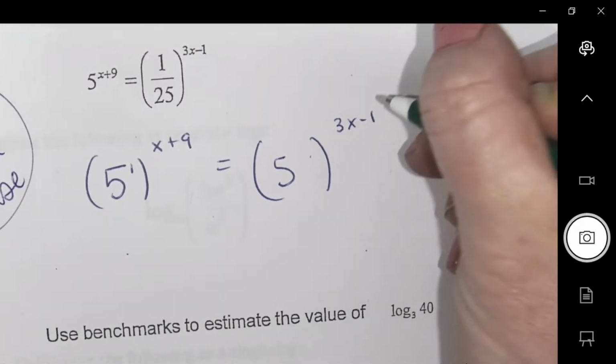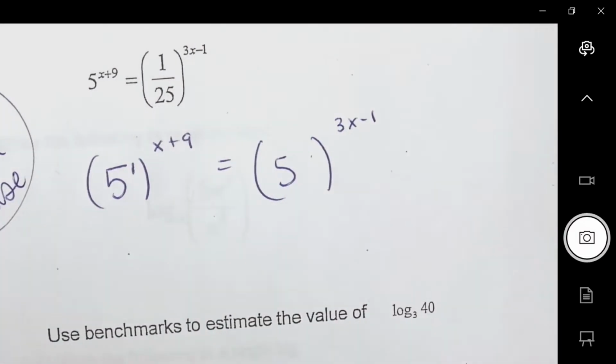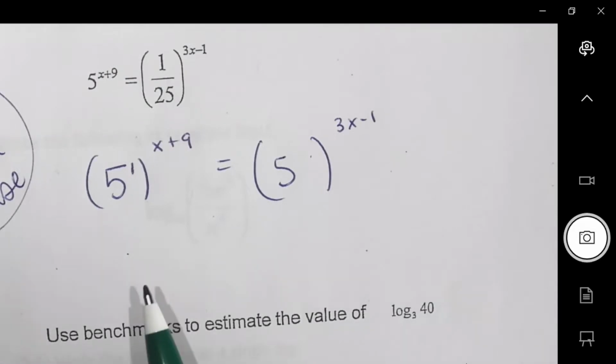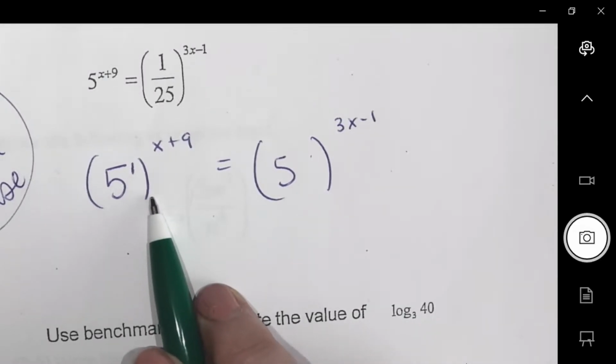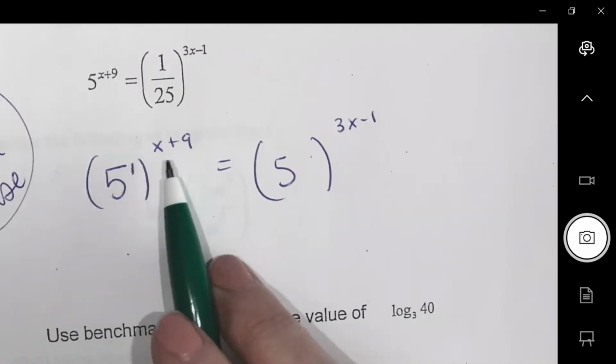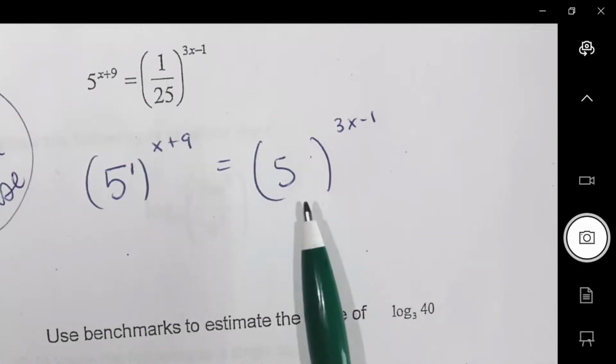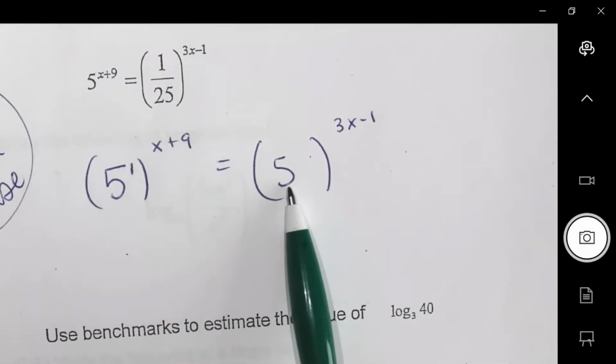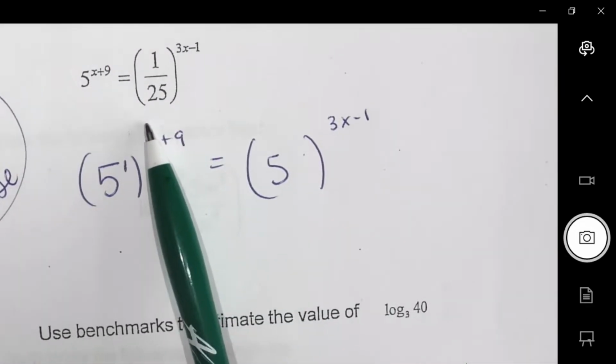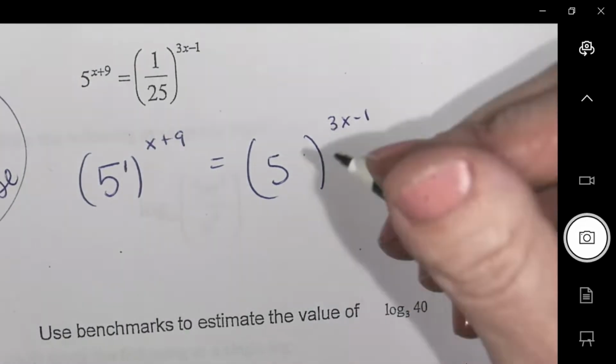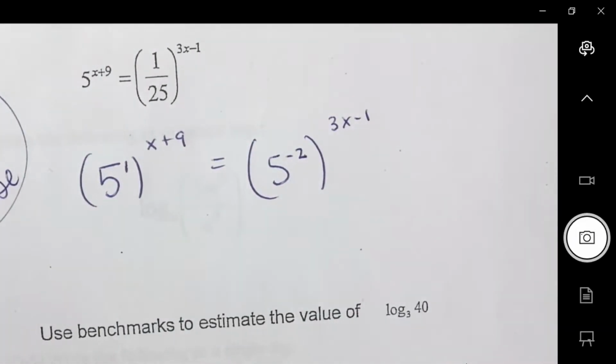Just to show you that it's 5 to something. Don't write it if you don't want to. And how do I get a 1 over 25? 5 to the negative 2.